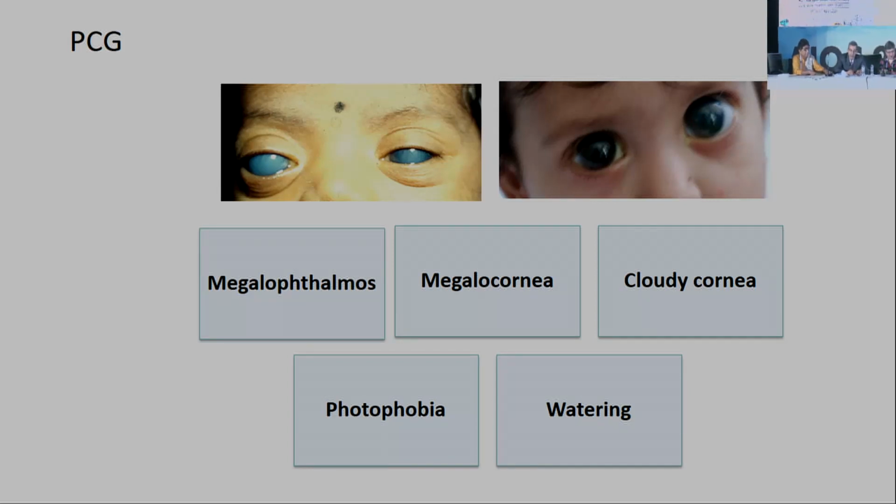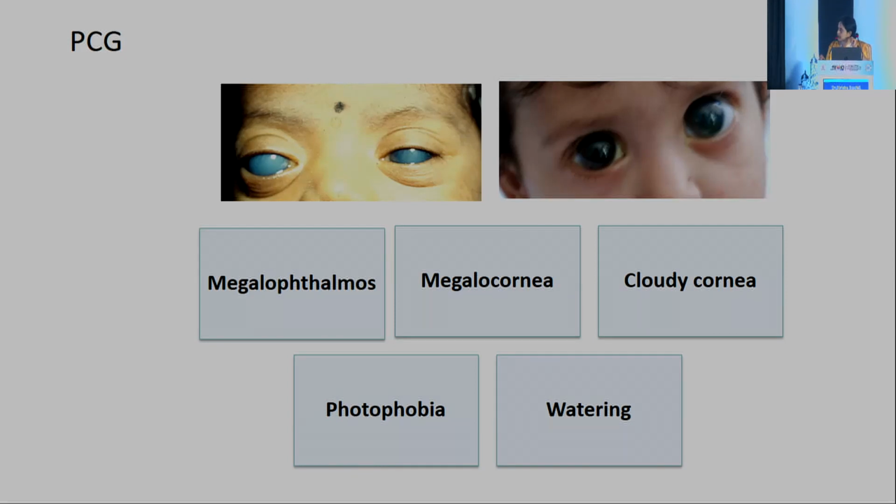So this is information that's coming out: every single patient who has a congenital cataract who's going to be operated needs to be evaluated as meticulously as congenital glaucoma, not just evaluating the anterior segment for the cataract and other iris changes. A gonioscopy, looking at the angle, and if possible photo documentation is something that would be necessary in these patients, and they need to be followed up as well.